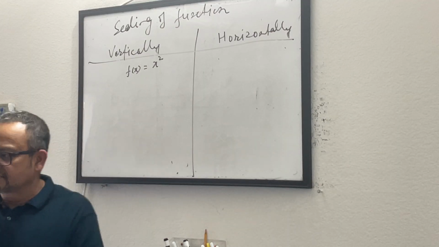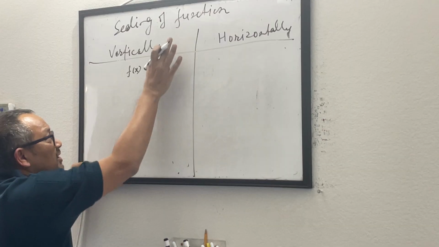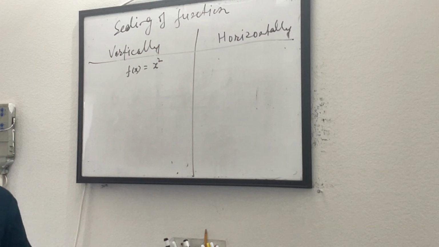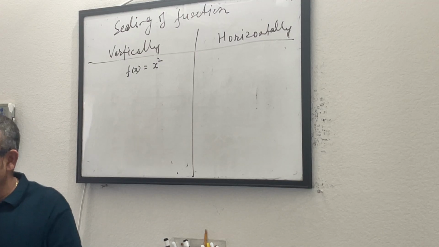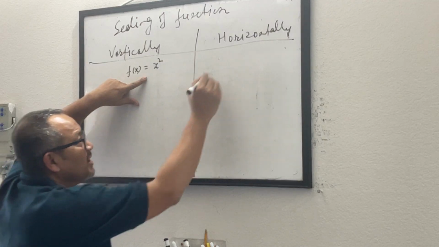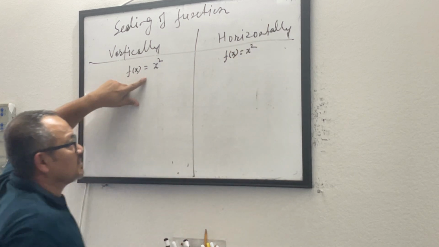Or if you have dealt with this kind of function quite a lot, let's keep a simple one first. Otherwise, it might become a little complicated to comprehend. So I have a function f(x) equal to x squared. Here also I have a function f(x) equal to x squared. Same function.